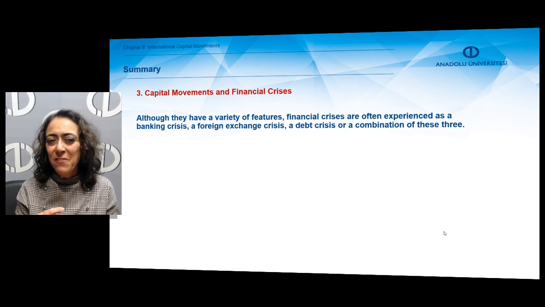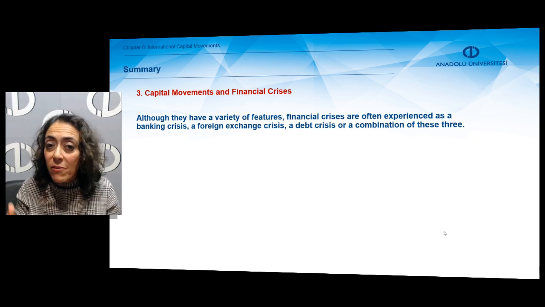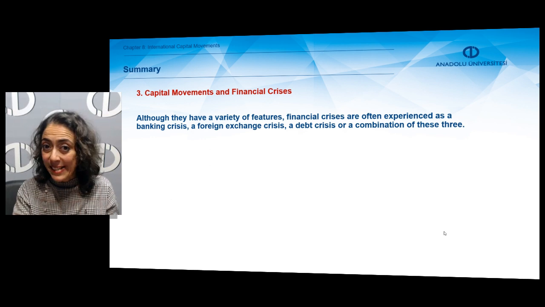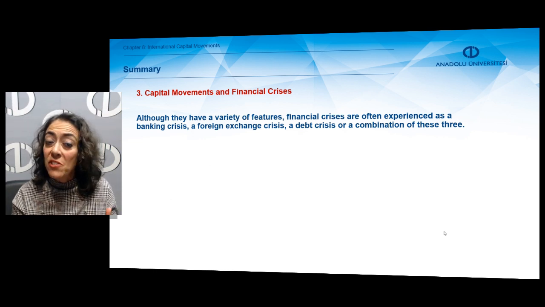There is a very close relationship between capital movements and financial crisis. And we have witnessed this close relationship in the last decade after the mortgage crisis of the US, and the world economy witnessed all the negative effects of these financial crises.